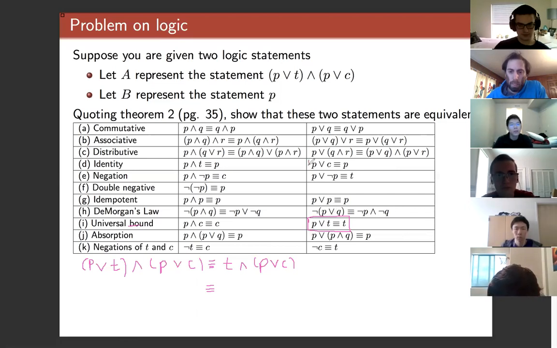Yep, that's right here. So this is just equivalent to P. All right, so we have T and P. Okay, so I'll just state out what these entries of the table.